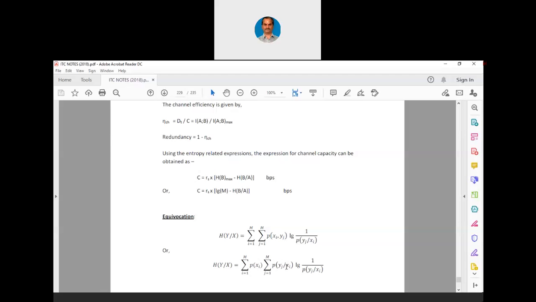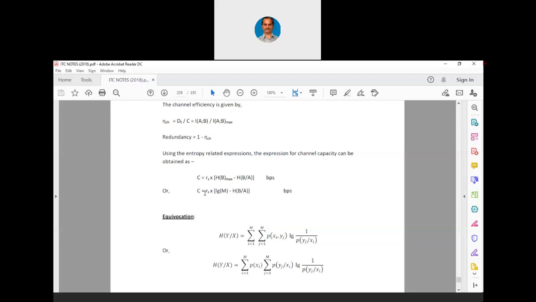Using that, we can have an expression for equivocation, found out by knowing the transmission conditional probability. Using equivocation, we can find out the channel capacity.